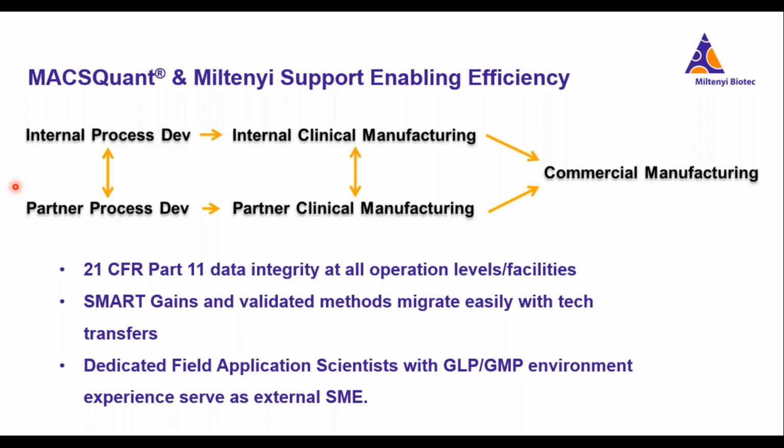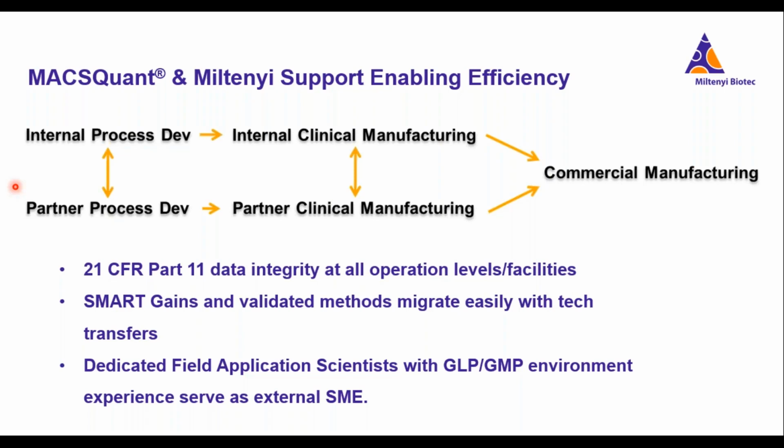As you develop your internal clinical manufacturing processes, the technology of the MACSQuant falls into that, but you also may have partner organizations that are developing clinical manufacturing. So you need a platform that can easily help you make the tech transfer to those operations as well. And as all these come together, you've treated thousands of patients, and your program is operating successfully. You're going to apply for your commercial manufacturing operations. And so the MACSQuant offers you the ability to make that transition all the way to commercial manufacturing.